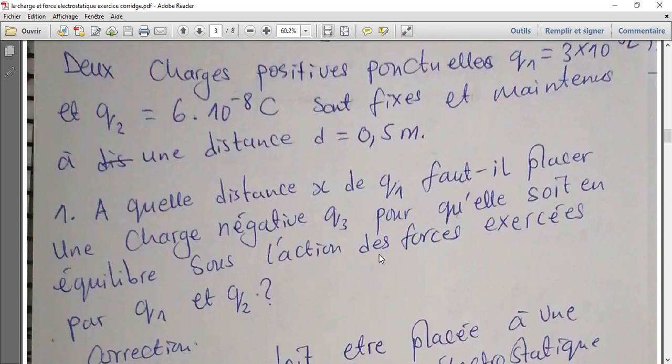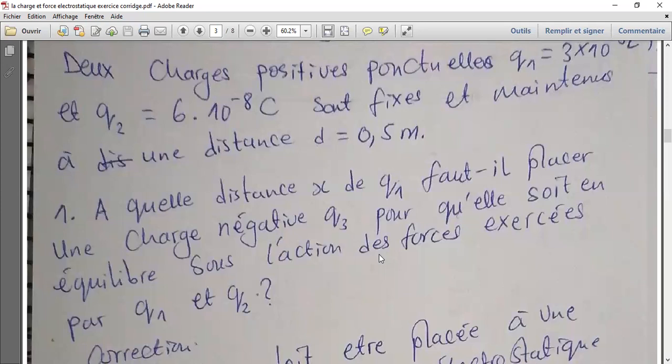So they're saying you have to find a way of placing Q3 from Q1 such that the forces from charge Q1 and charge Q2 exerted on Q3 create an equilibrium.